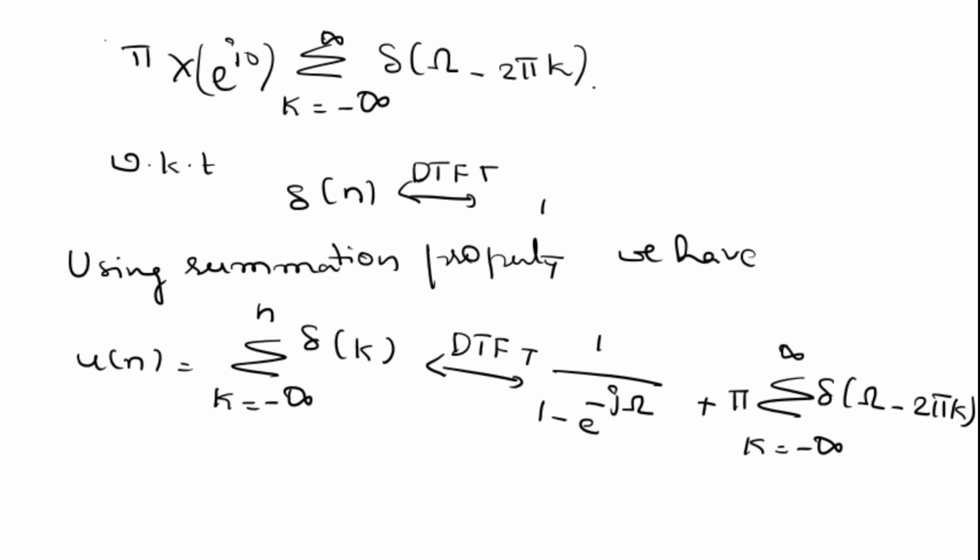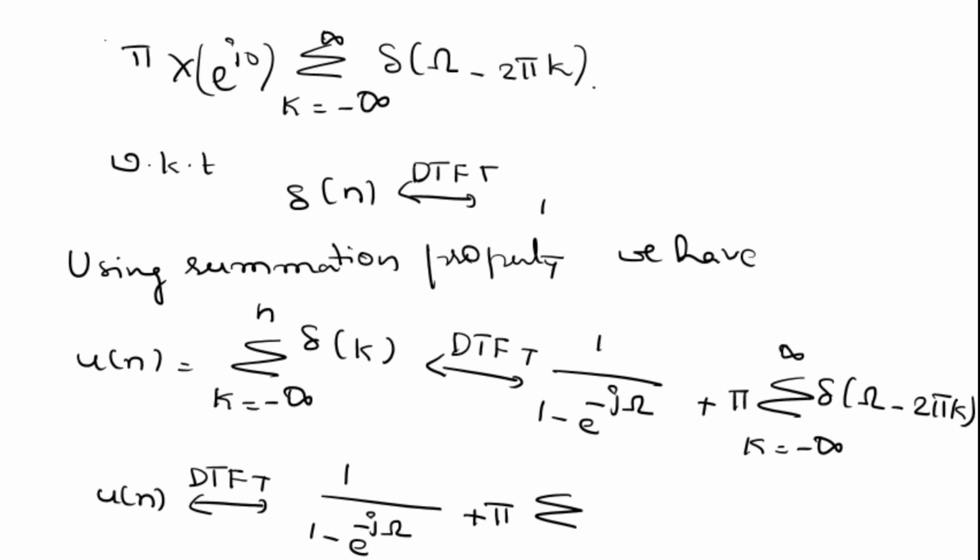Then, assuming one cycle, u of n, if I take DTFT, I will get 1 divided by 1 minus e power minus j omega plus pi into summation k is equal to minus infinity to infinity delta of omega.